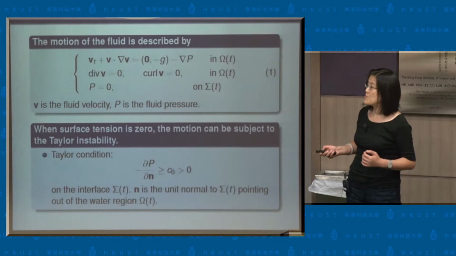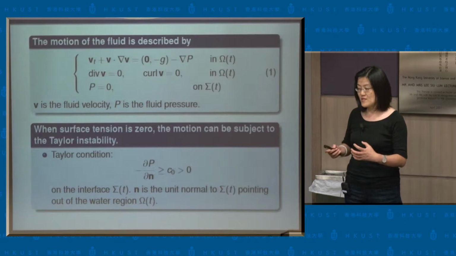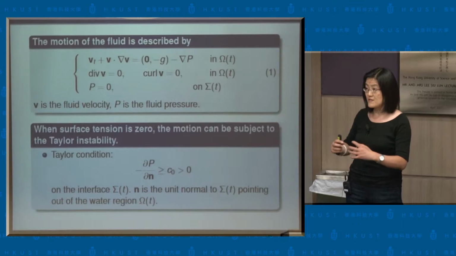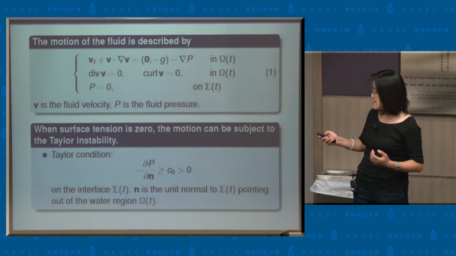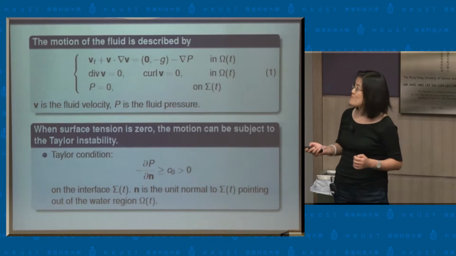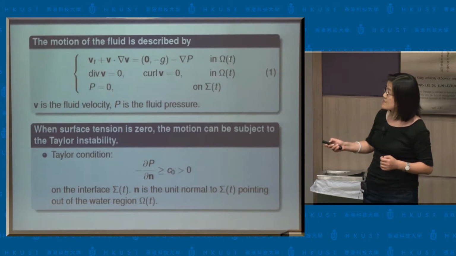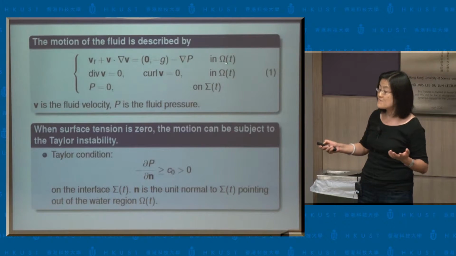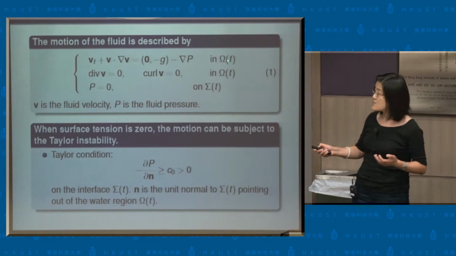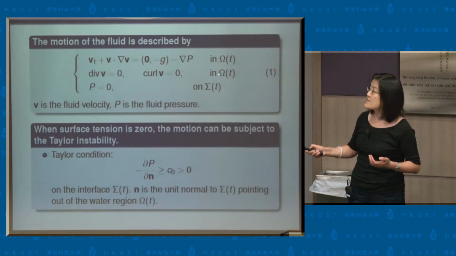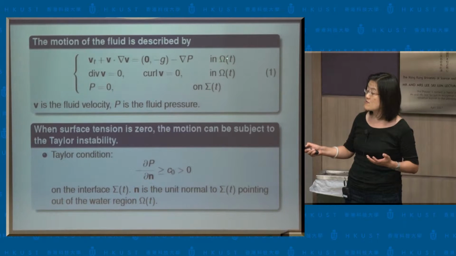That's reasonable because otherwise, if it's decreasing, there's a force that rips open the fluid, and a bubble will form. Then of course the problem becomes ill-posed, because here we assume that the fluid region is bounded by a single curve, or a single surface, initially, and if we want to solve it, we are assuming that this fluid domain is still bounded by a single surface.